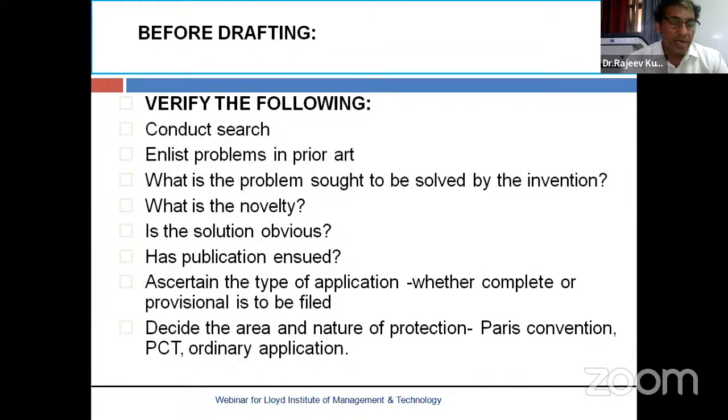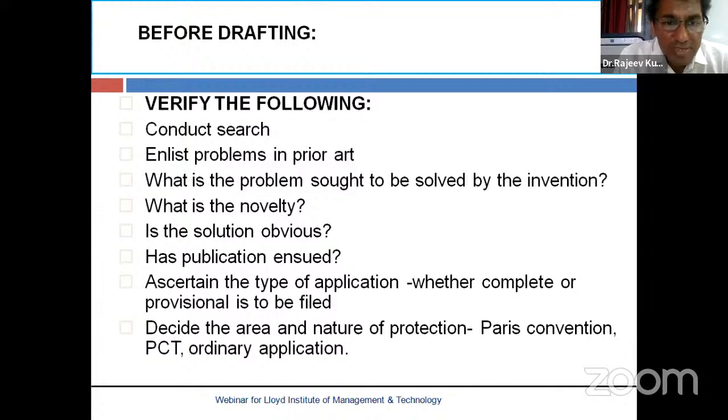And has there been any prior publication of that invention? It is quite possible that you yourself have published your findings about the invention. This is also quite a common problem in academics: most academicians are very keen to publish their research work, and in doing so, they lose the patentability. So you have to be very sure that you haven't published the disclosure in any form in the public domain.